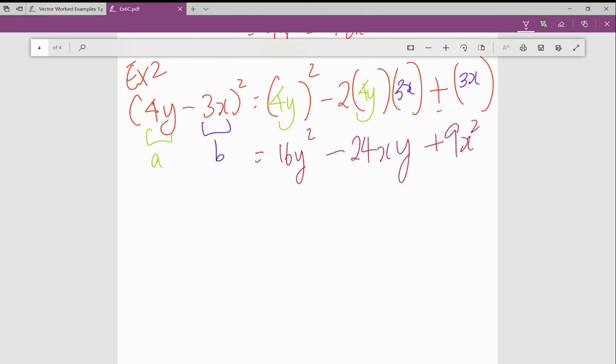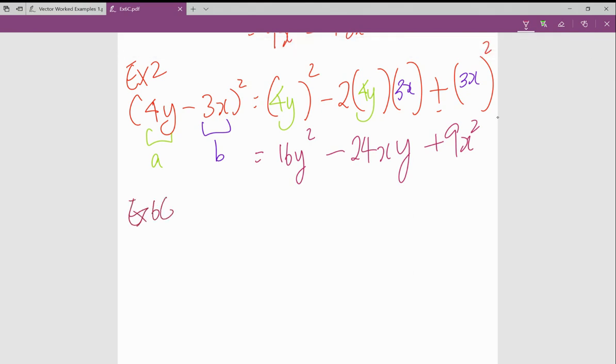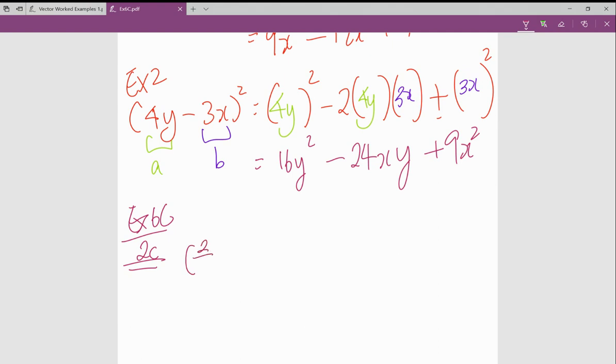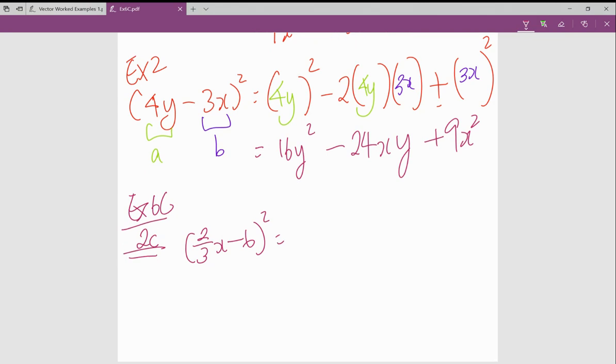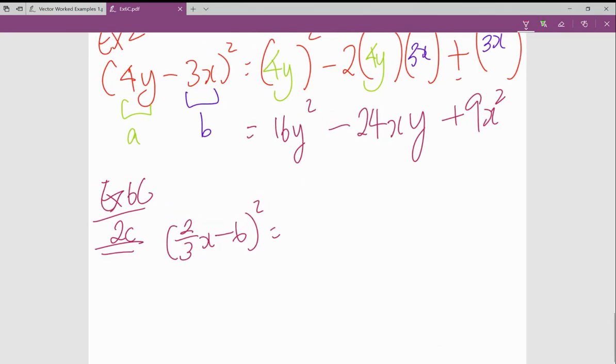I'm going to do an example in your textbook. This is exercise 6C. I'm going to do question 2C. It looks a little bit challenging. Let's try. They ask you to expand 2/3 x minus 6 squared. Again, this is what I will do. I will take a squared minus 2ab plus b squared.